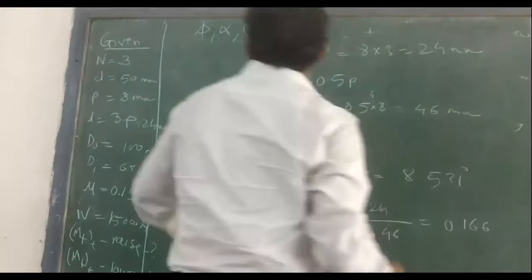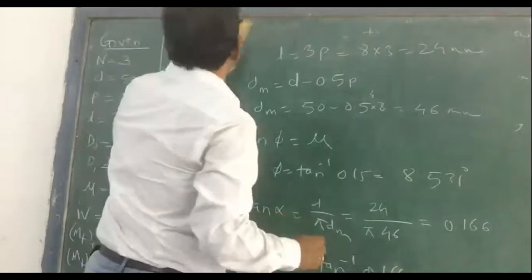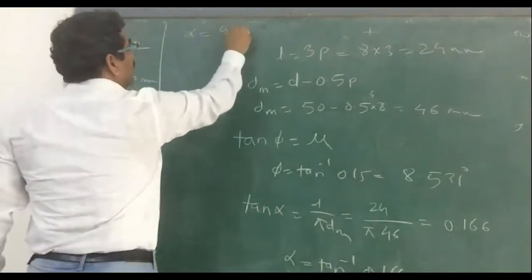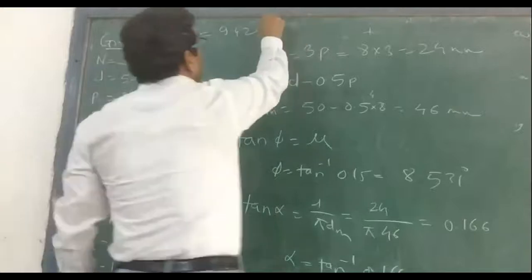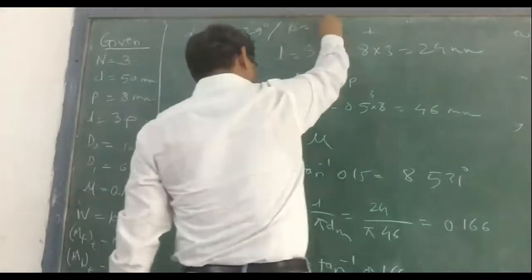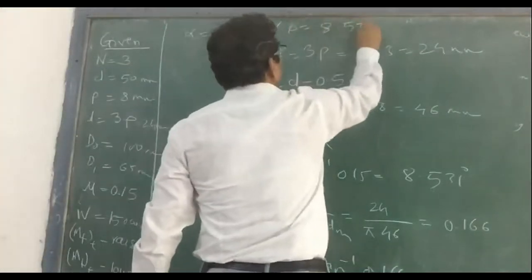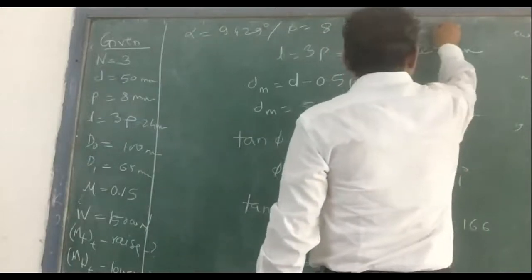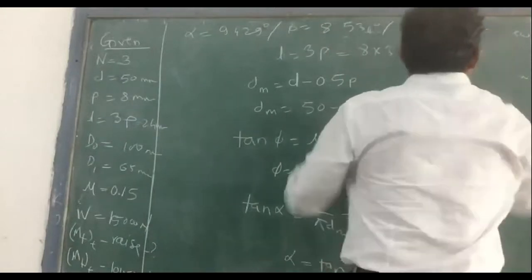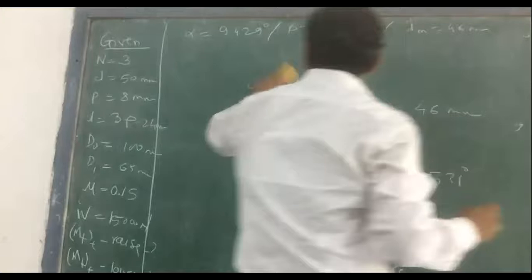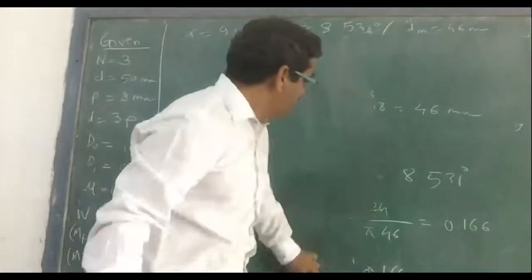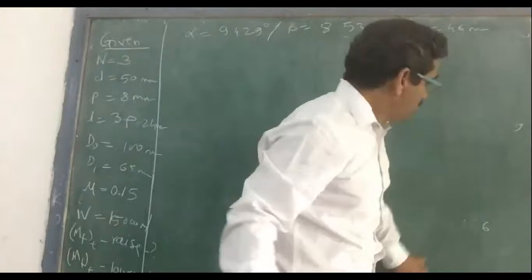So we write it here: alpha is equal to 9.429 degrees, phi is equal to 8.531 degrees, and dm is equal to 46. We have got all the information we need, as seen in the approach of the problem, and now we will try to solve it.